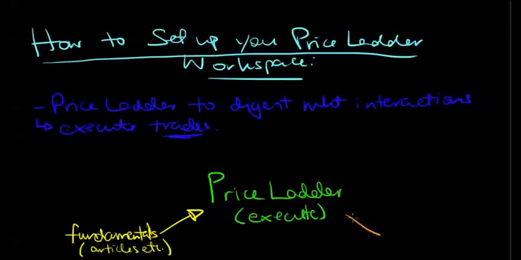We also need somewhere to make our technical trading decisions. So that is going to involve our charts, our candlestick charts, our market profile charts, etc. And then finally, a very important part is if you are a news trader, again, it's to do with the fundamentals, but more instantaneous fundamentals, things that change very quickly.